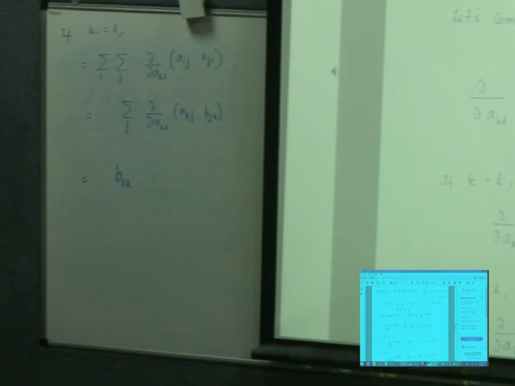Should be LK, right? Yeah. Anyhow, I'll correct it in the scribe. It should be LK.